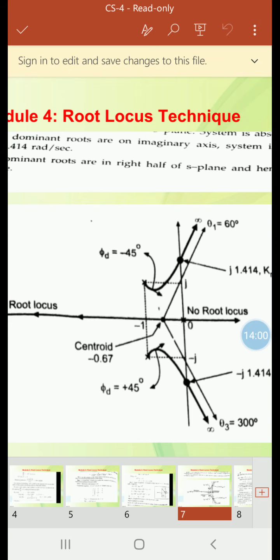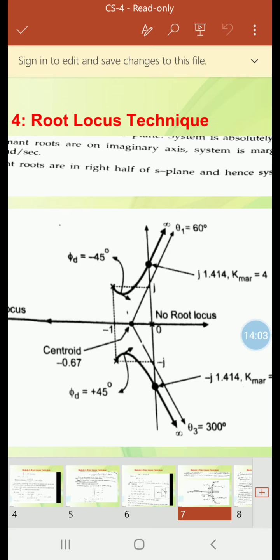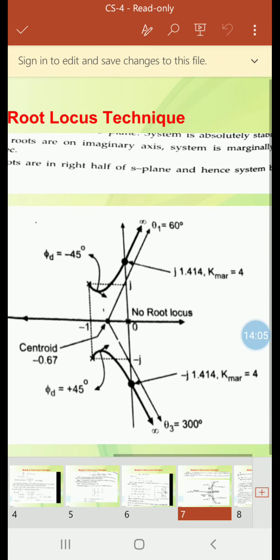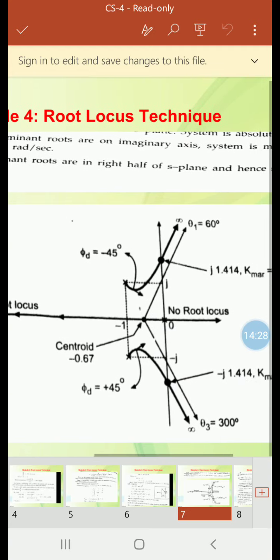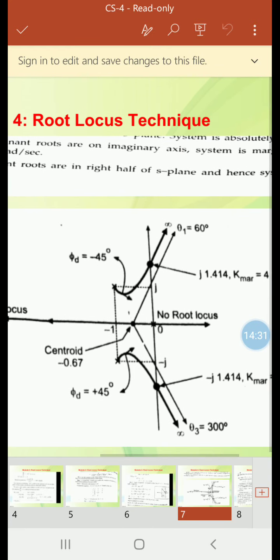So from that you have to draw where it crosses the imaginary axis at j 1.414. At 1.414 the root locus should pass from this complex conjugate pole. Similarly on the negative imaginary axis at minus j 1.414, the root locus should pass from the complex conjugate pole minus 1 minus j through minus j 1.414. So that is the complete root locus which has been shown. Then that should be drawn parallel to theta 1 and theta 3 as I have shown here.